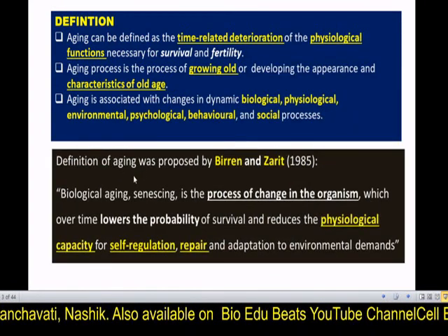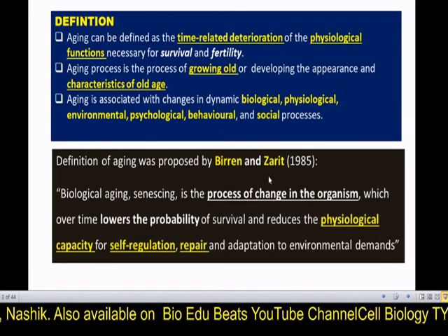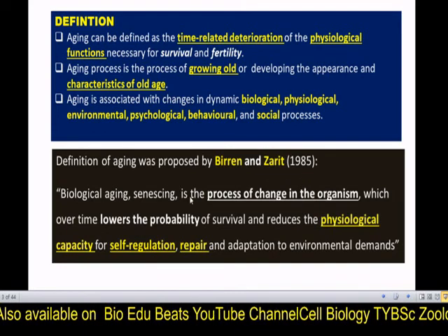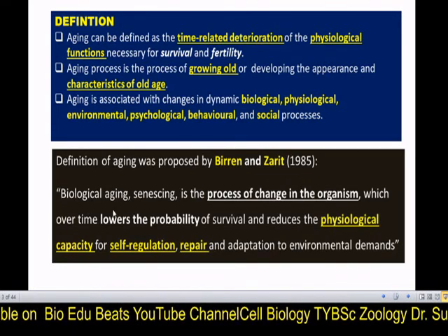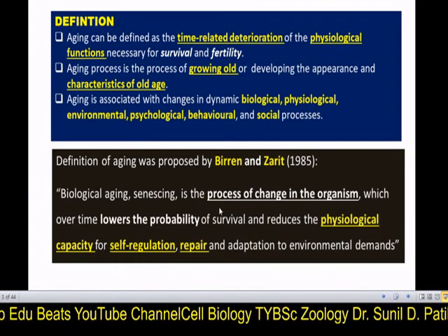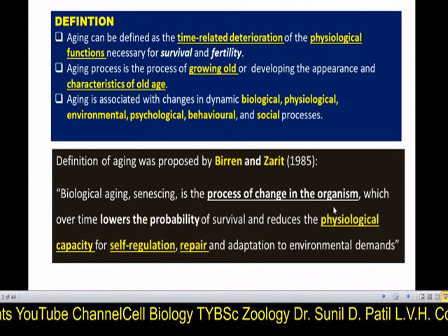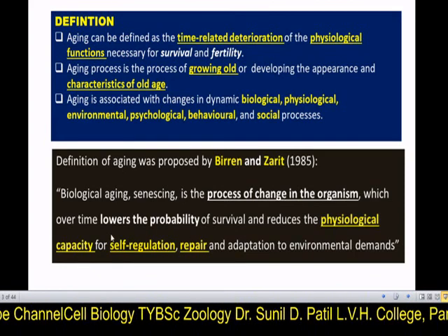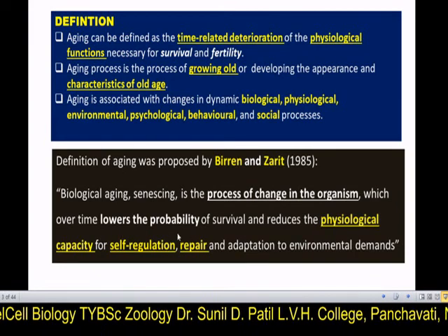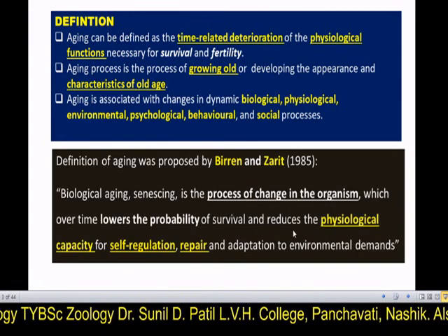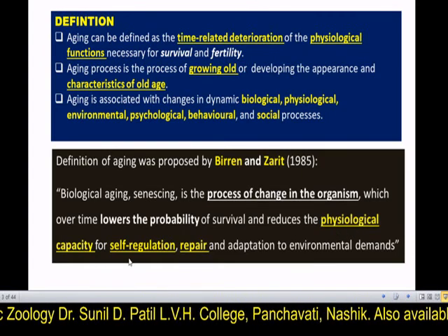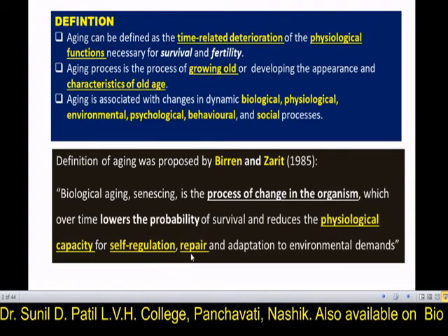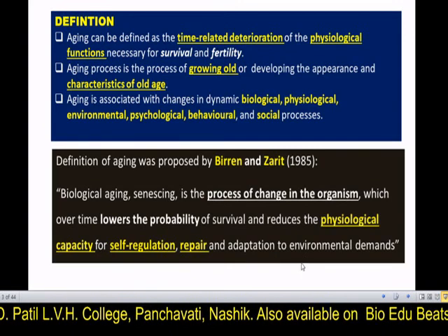The definition of aging was proposed by Byron and Zerrit in 1985. Biological aging, senescence, is the process of change in the organism which over time lowers the probability of survival and reduces the physiological capacity for self-regulation, for repair and for adaptation to environmental demands.